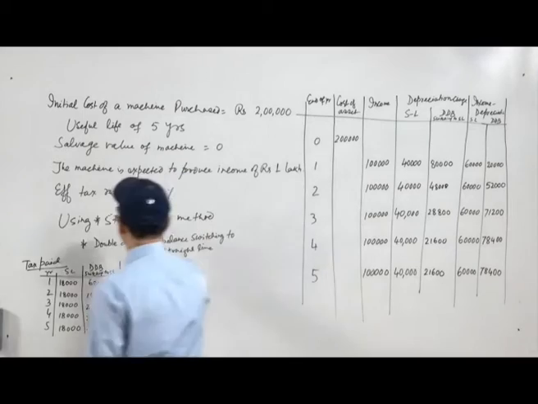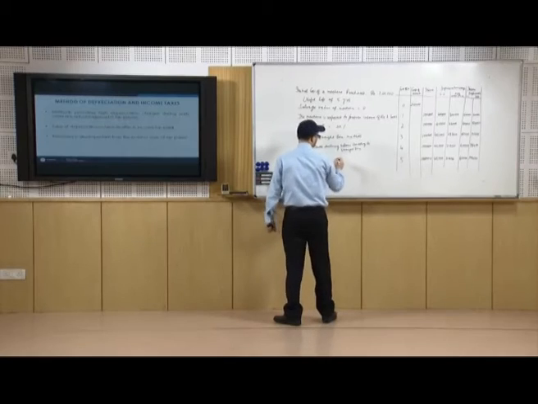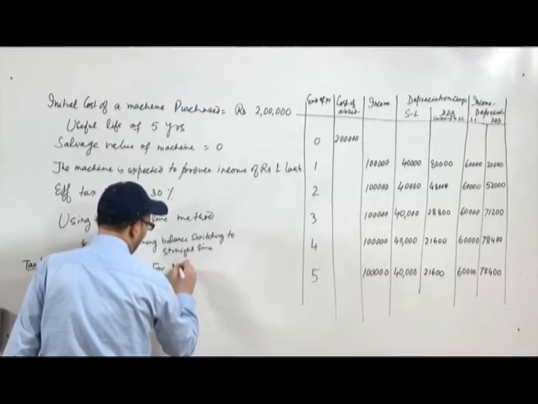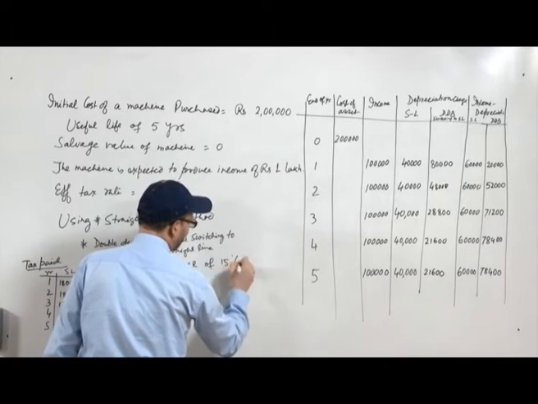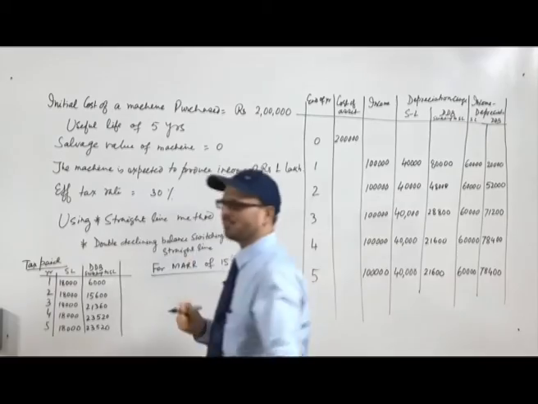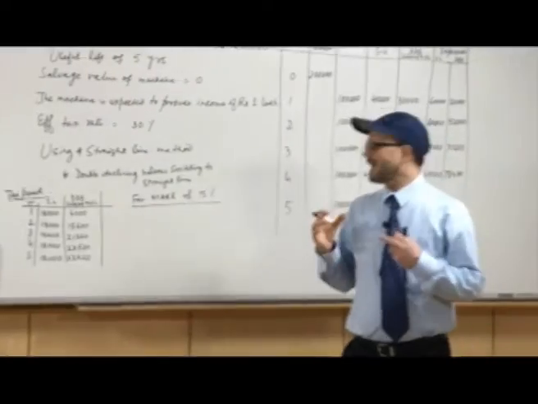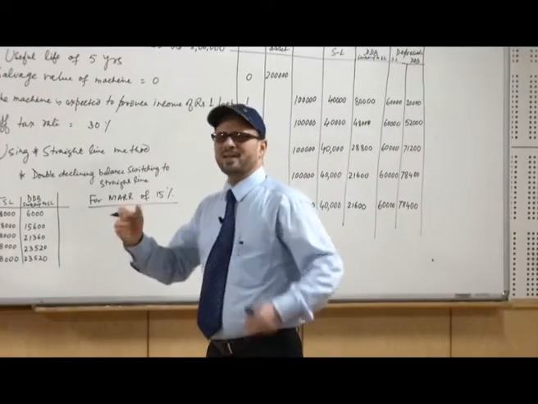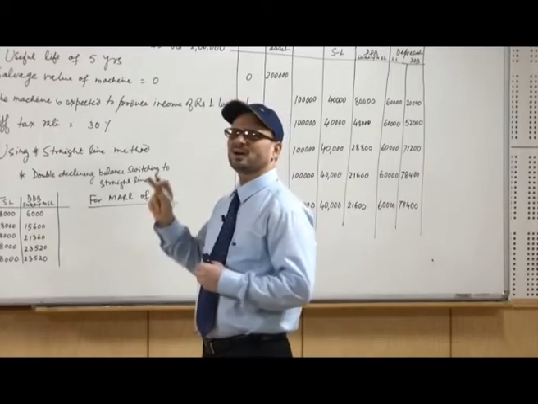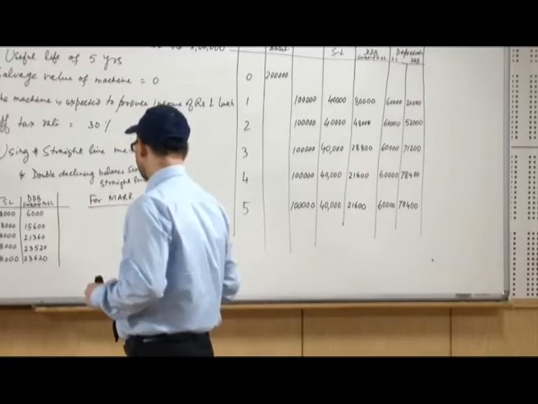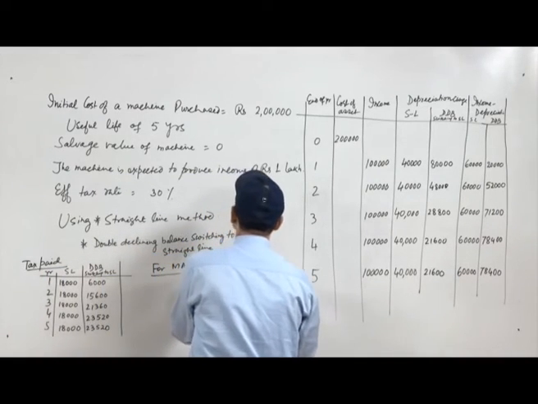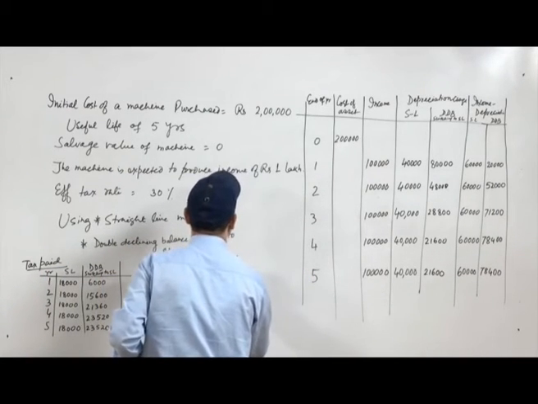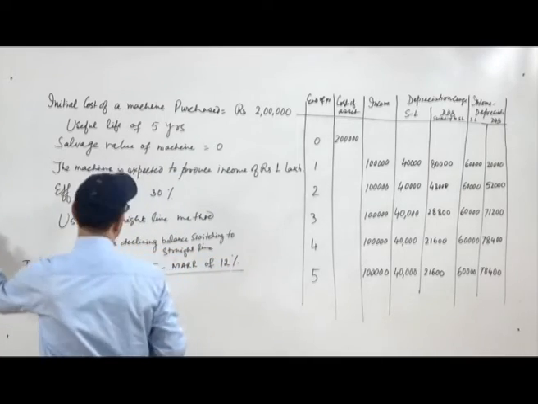Now, if MARR is 15%, if 15% is the rate of return expected, we can only compare if we find the present worth of such investment, or we can say MARR of 12%. We have to use the table of 12% in that case.